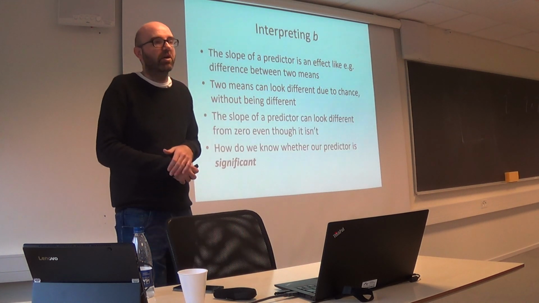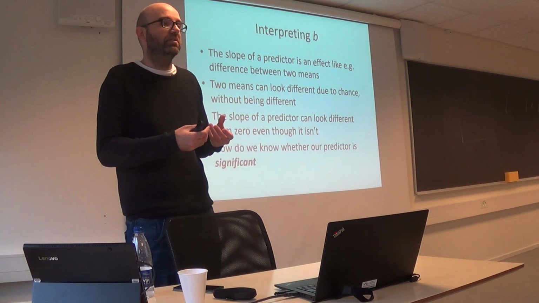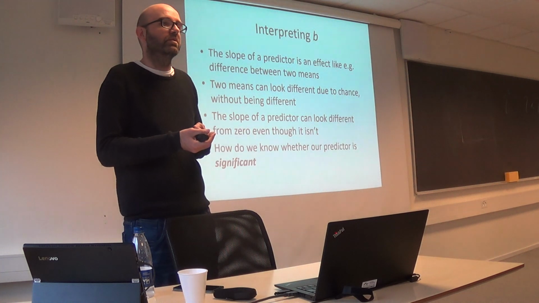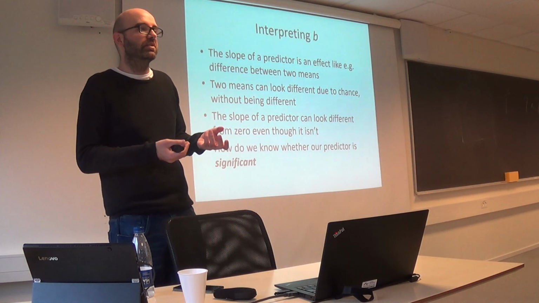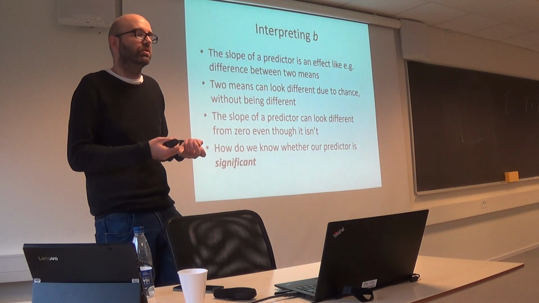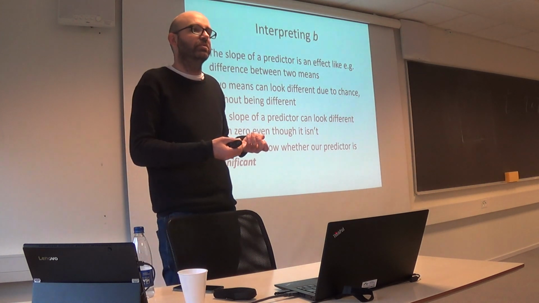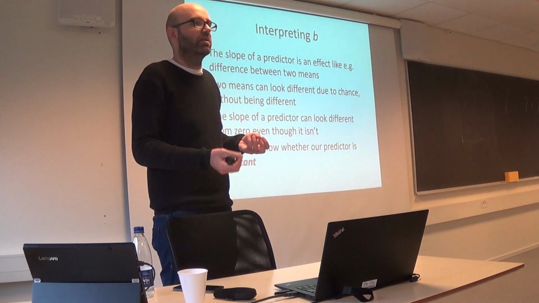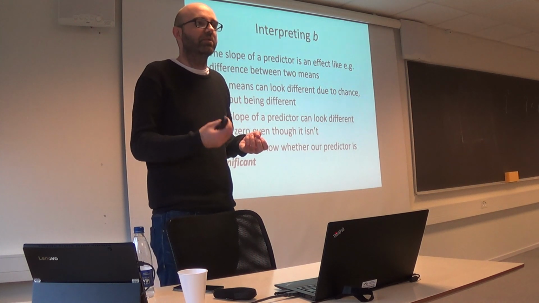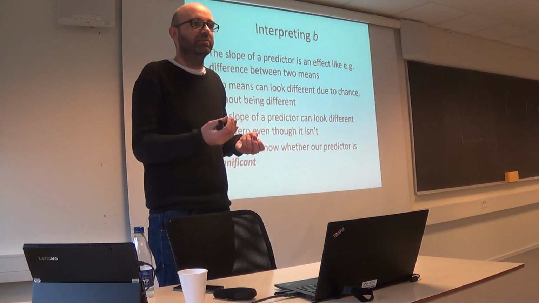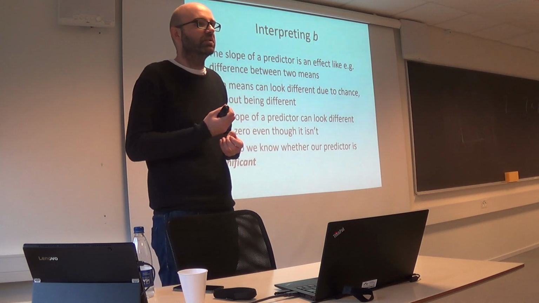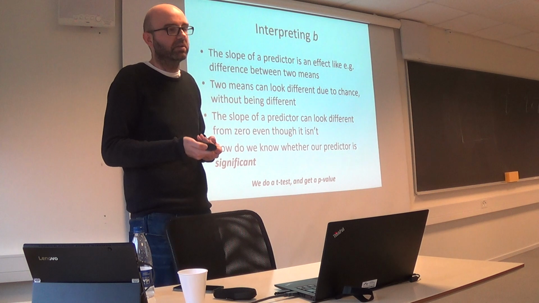So we might be interested again in the significance of our slope. Our null hypothesis is that the slope is 0, and our alternative hypothesis is that the slope is not 0. How do we find out whether a slope that's not 0 in our results is due to chance or not due to chance? We do a t-test and we get a p-value.